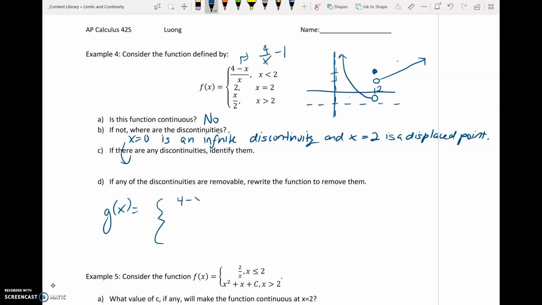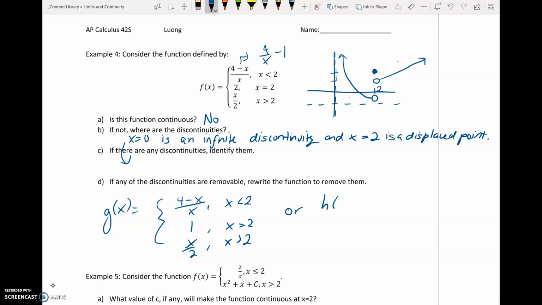So we're going to continue with the same type of graph. We're going to fill this hole here with y equals 1, x equals 2. So then, instead of having a displaced point, we're going to just remove one of our discontinuities.